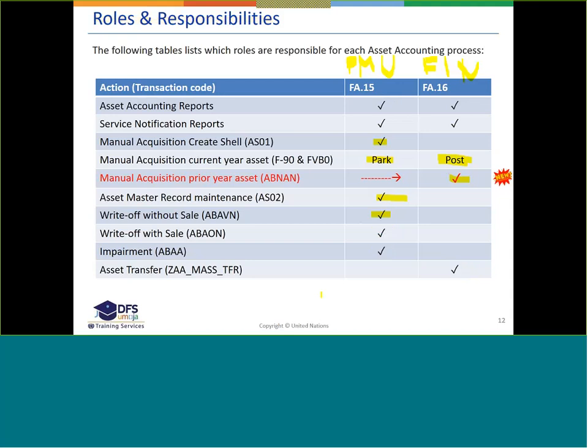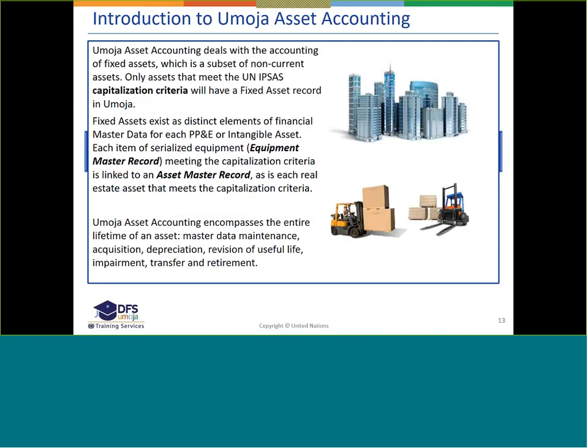All right. Now, some introduction about asset accounting. I already mentioned the capitalization criteria, but you also need to understand that the fixed assets in the system are asset master records in the FA module, which is mainly for accounting. These assets may be equipment as well.